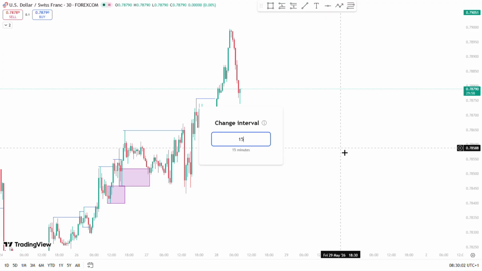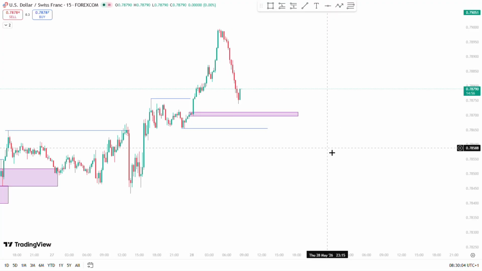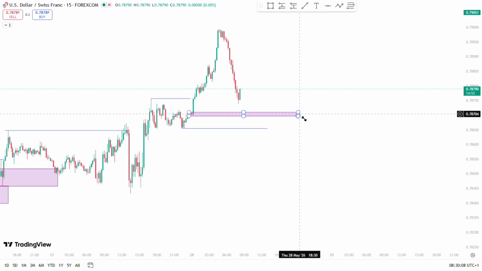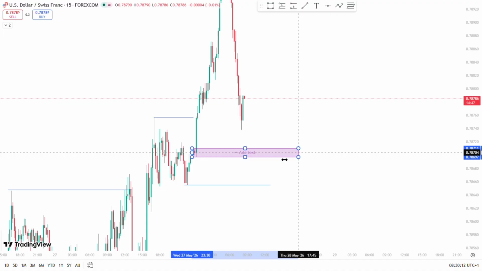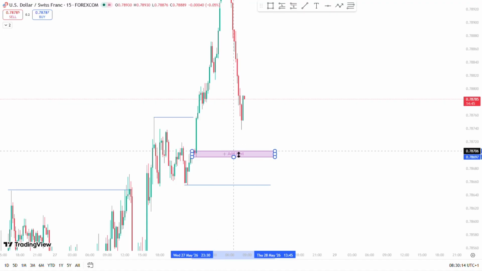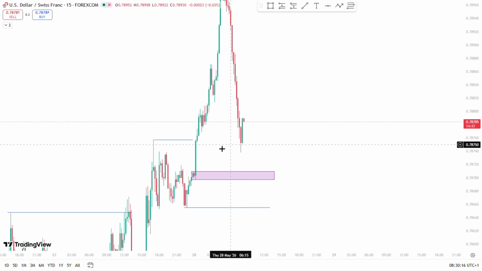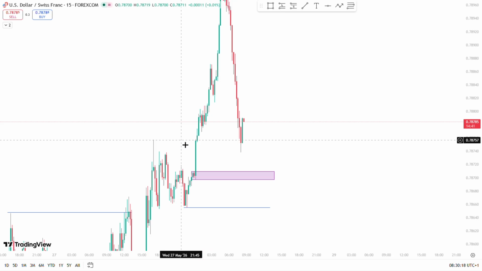Okay, let's go back 15. So that would be my point of interest on USDCHF. Solidly bullish also, just like USDCAD. So if price taps into our zone, we wait for a confirmation, then we look to buy.